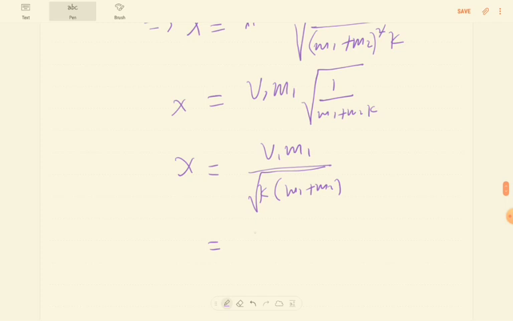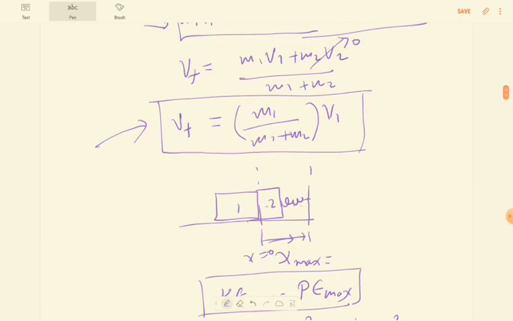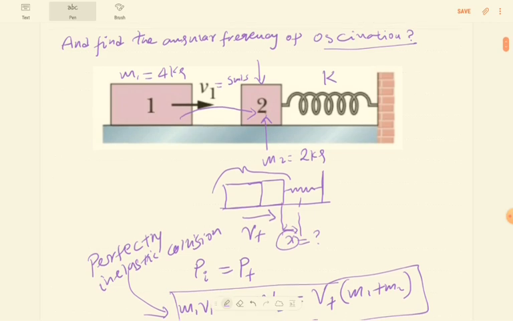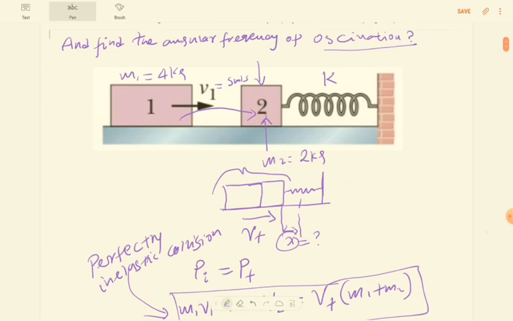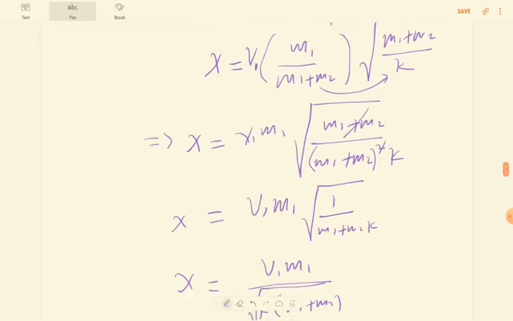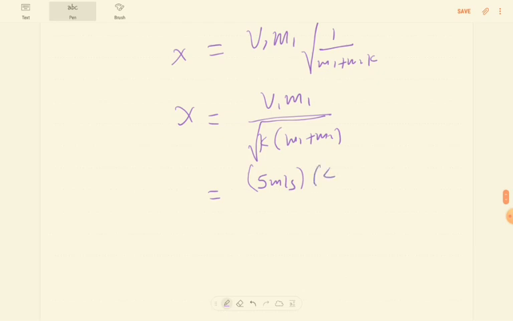From our given information, v1 is 5 meters per second, m1 is 4 kilograms, m2 is 2 kilograms. So this would be easy. This is 4 kilograms, and the spring constant is 100 Newton per meter, and of course the sum of the masses is 2 kilograms plus 4 kilograms.